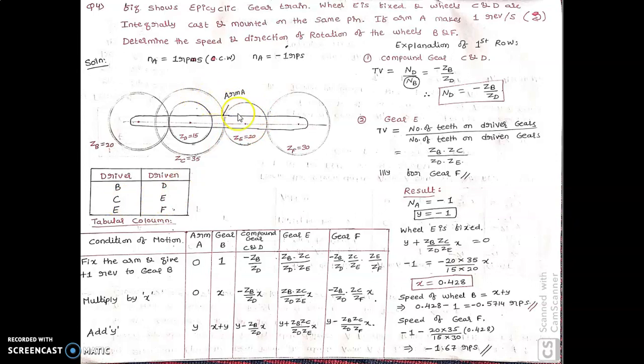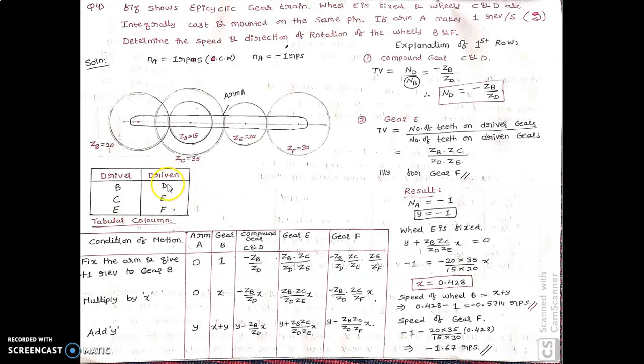If this rotates, this also rotates. Next, I can take this as a driver now, because gear F is following gear E. That's why E becomes a driver and F becomes a driven.